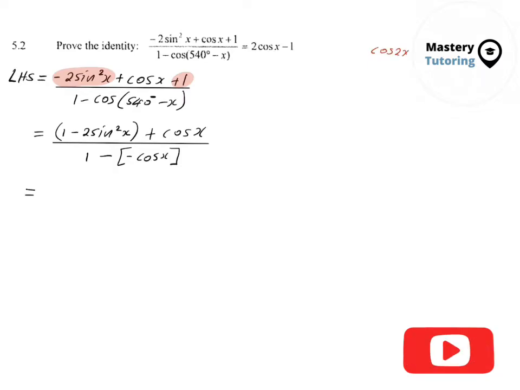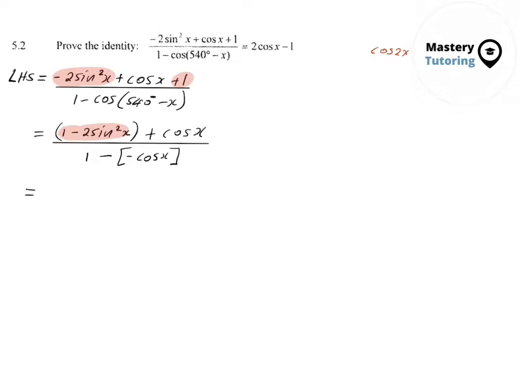Cos 2x is the same as cos squared x minus sine squared x, or is the same as 2 cos squared x minus 1, or 1 minus 2 sine squared x. So now if you check at this point, this part here is actually the same as this part. So I'm going to swap this, not with cos 2x, no, I'm going to swap it with that, because this and that has to be equal.